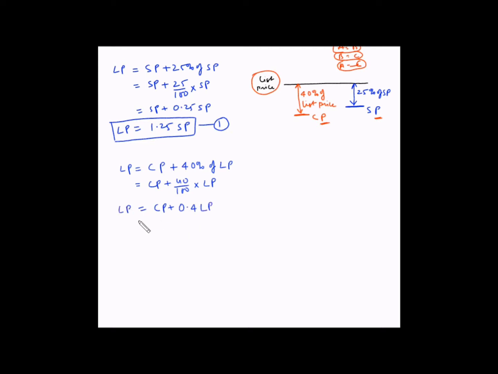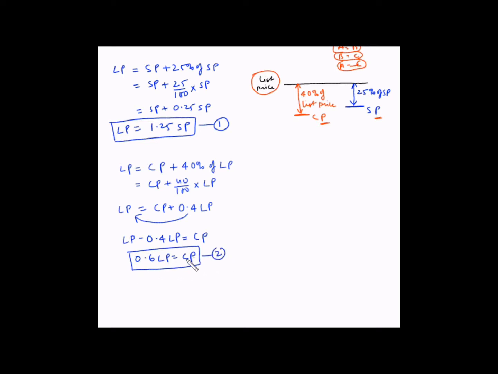So let's bring LP on the same side. So we'll have to change plus to minus. So LP minus 0.4 LP is equal to CP. So 1 minus 0.4, which is 0.6, LP is equal to CP. So this is the relationship between LP and CP.